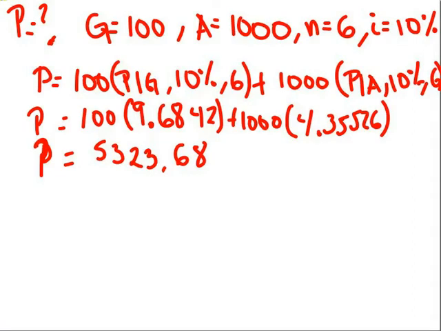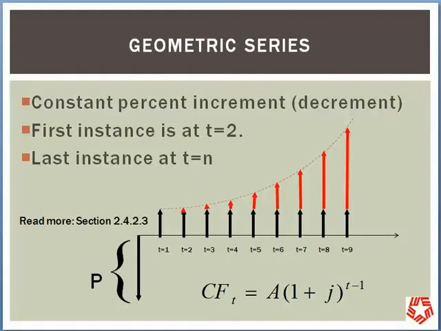Let's go to the geometric series. It's a similar situation to what we had with the gradient, in which we might have an annuity, but now, based on the first payment, the increments are not based on a fixed amount, but on a fixed percentage increment or decrement with respect to the previous cash flow.